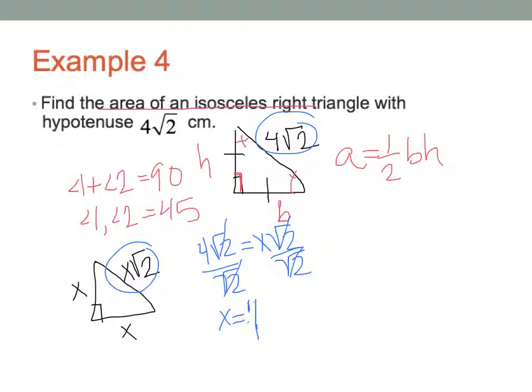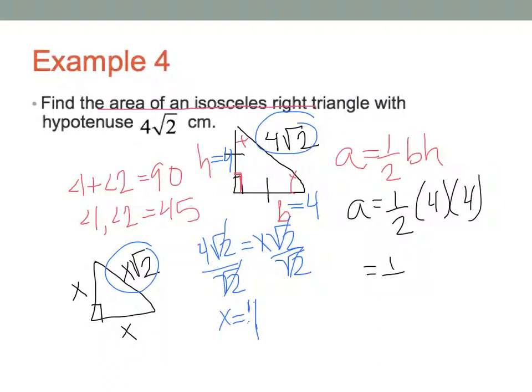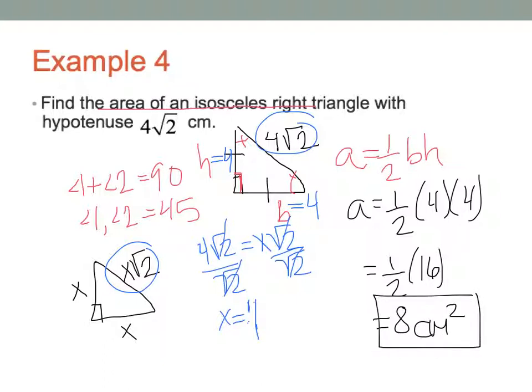Which means my base is 4 and my height is 4. Plug it into our formula over here and we get area equals 1/2 base times height, which is 1/2 of 16, and I get 8 centimeters squared for the area of this isosceles triangle.